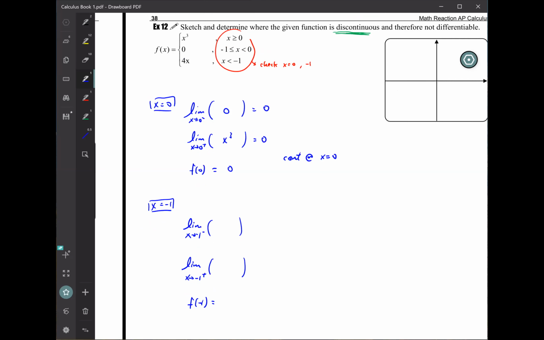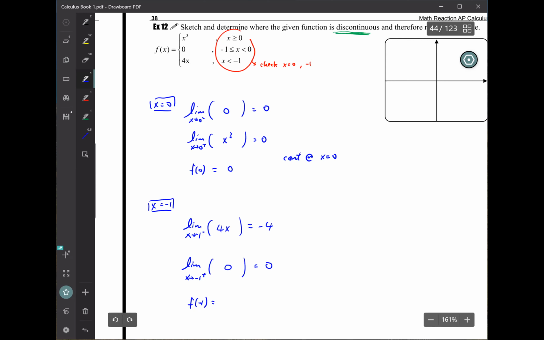Okay, next one. Approaching -1 from the left. Nicole, which piece? I picked the 4x, so the answer is -4. Okay, right side. I picked 0, so the answer will be 0.